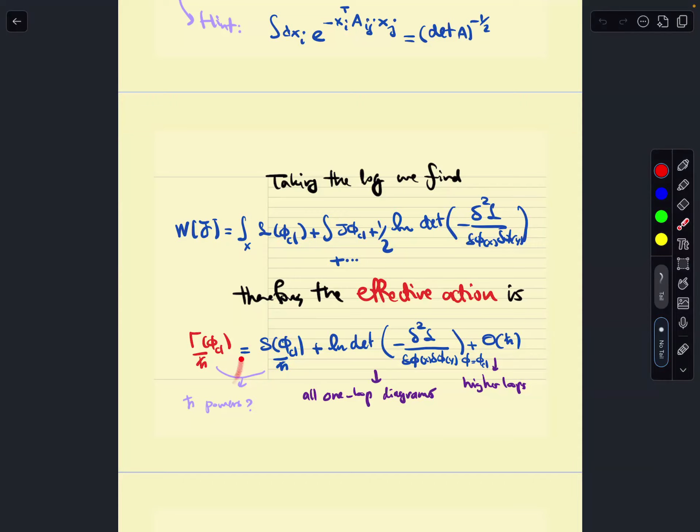So expanded in powers of h bar, the effective action over h bar is the classical action over h bar plus the logarithm of this determinant, del squared of lambda, del phi x, del phi y, evaluated at phi classical. This is the 0th order, it's h bar to the power 0, so it's the first quantum correction, the so-called one loop correction. And then there are the higher loop corrections, which are higher powers of h bar. Good. Any questions about this?